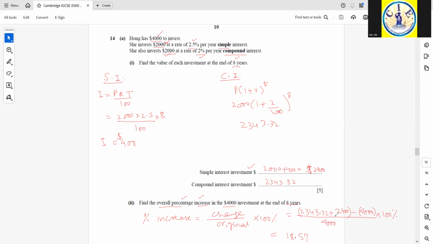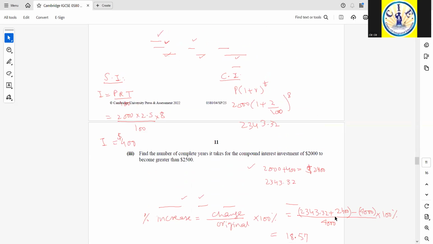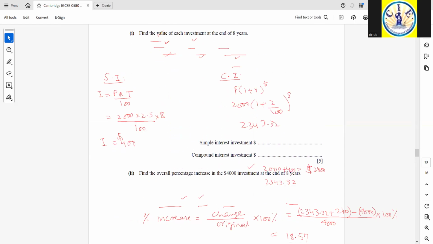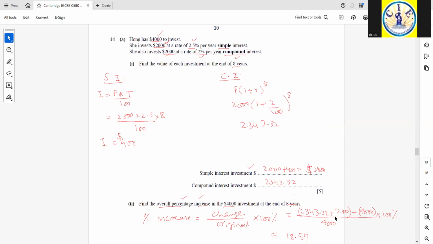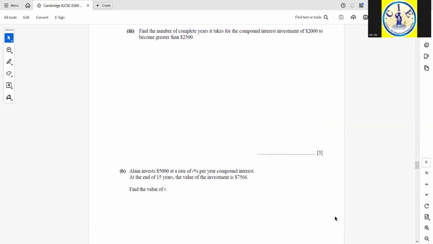Okay, then for the third part, find the number of complete years it takes for the compound interest investment of 2000 to become greater than $2,500.